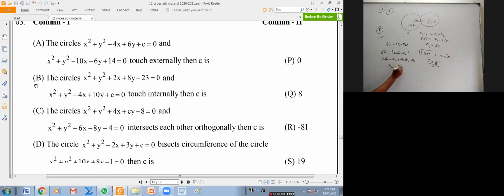R2 can be root 10 or 3 root 10. And R2 is 4 plus 25 minus 6 is root 10 or root 90. 34 minus C is 10 or 90.